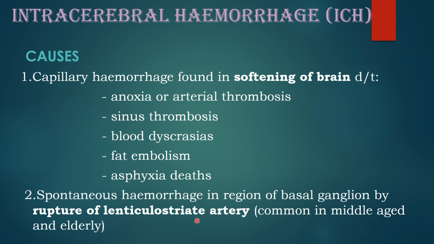Spontaneous intracerebral hemorrhage, the most common site is the basal ganglia. Most common cause is rupture of the lenticulostriate artery. Okay, and the other causes are these: asphyxia, thrombosis, blood dyscrasia, fat embolism, etc.